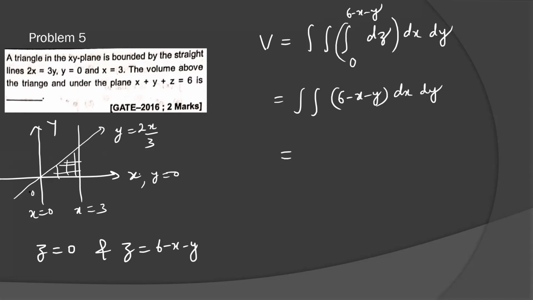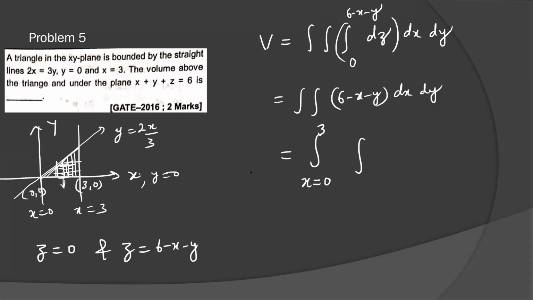If you see, this coordinate is 0, 0 and this coordinate is 3, 0. If you take the limit of x, x is from 0 to 3. For y, you have to draw the strip here. As the region is not parallel to the sides of the axis, the limit will be in the variable.